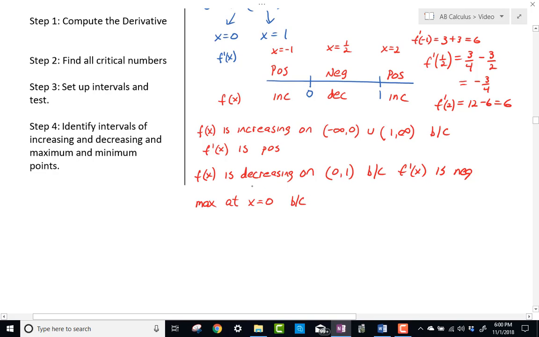Now, I'm implying something that we already said above, but if I'm going to say that we have a max, how do I know that there was a max? I know that there was a max because f prime went from positive to negative. Okay?